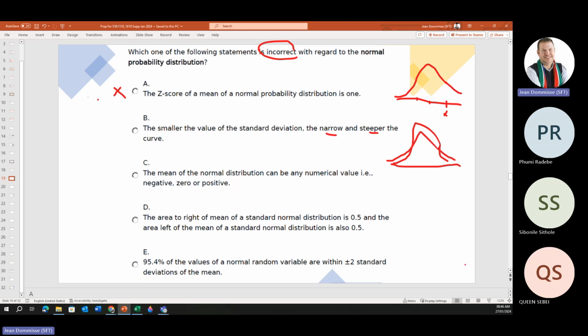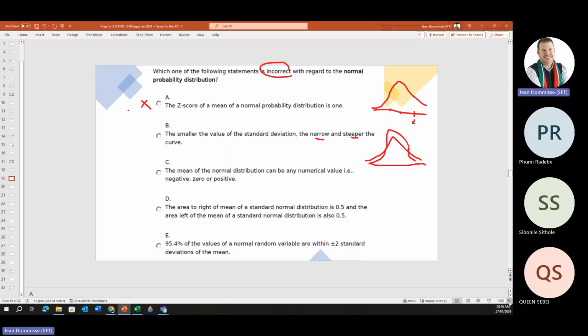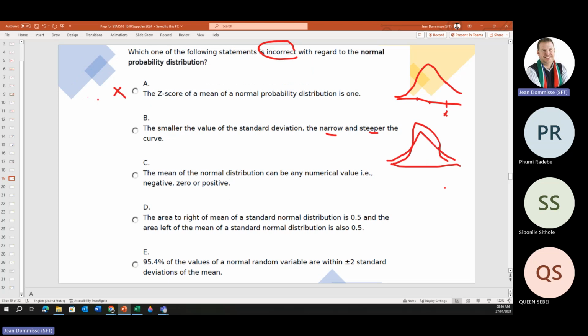Okay, so that's not a very nice picture, but I think you get the message on it. Basically it squashes into around the mean. So the smaller the standard deviation, the closer it would go to that mean and that curve. So it is correct.